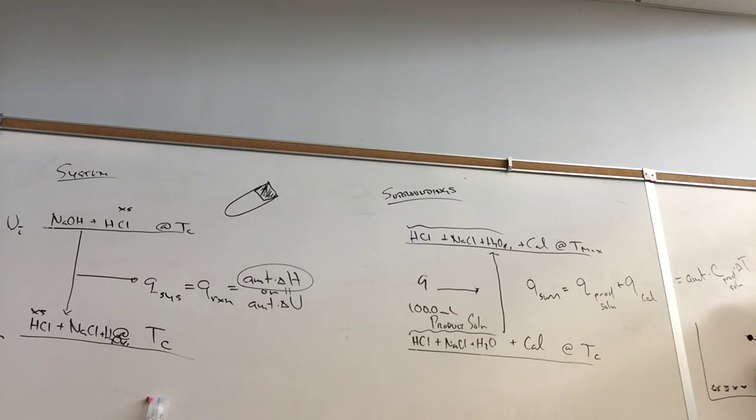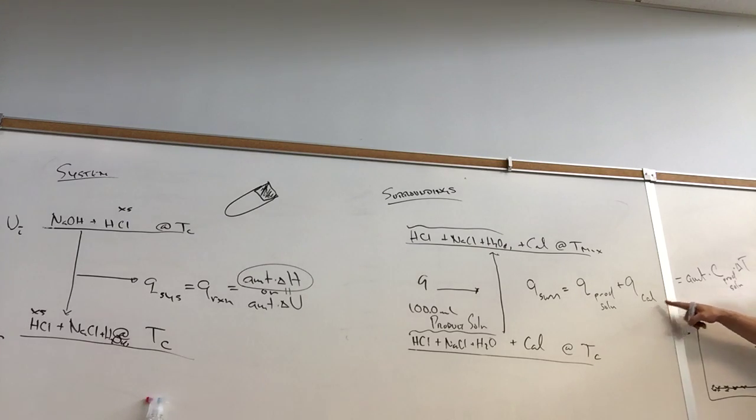And so here's the mix, here's the cold. So we're going to do the same type of graphing here. And we might have some unreliable data points out here that we'll ignore. And so we can get our delta T here. The delta T would be T final, T mix, minus T initial, T cold.